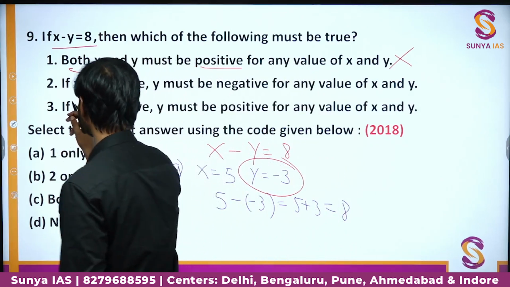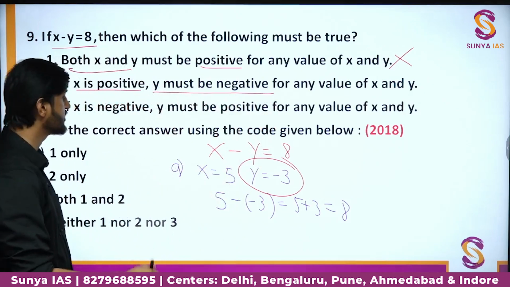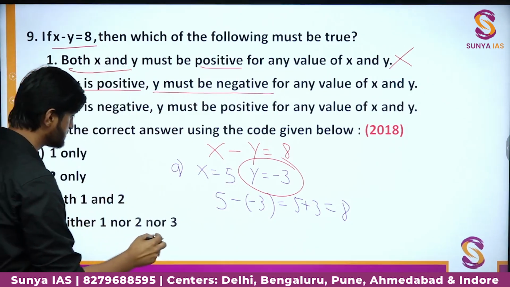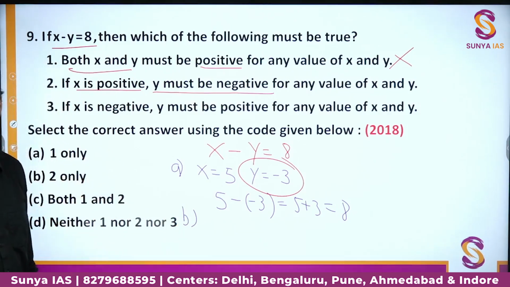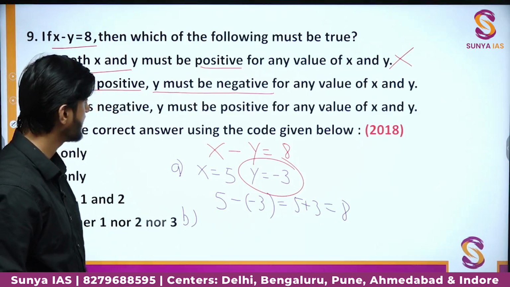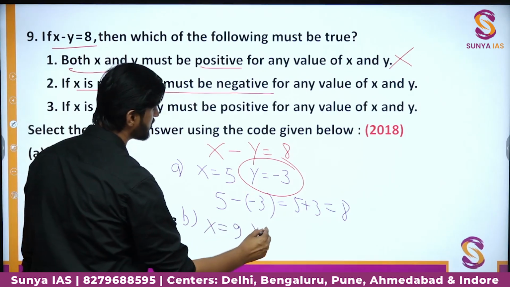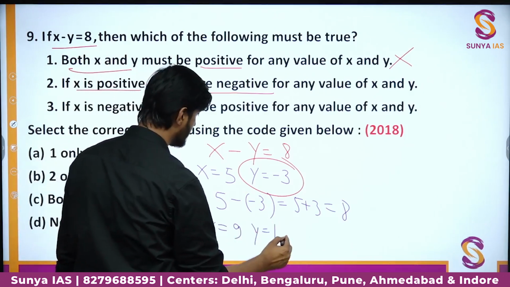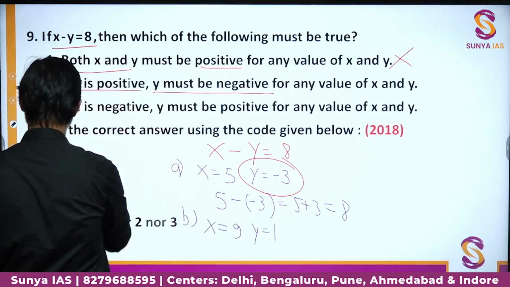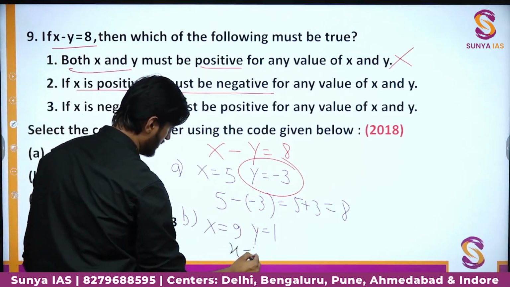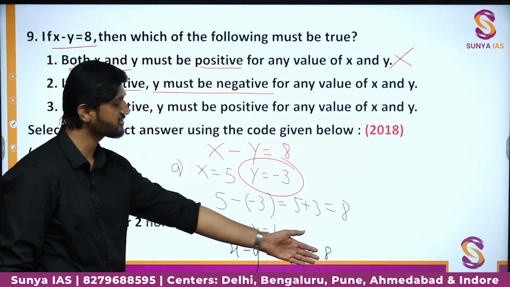The next statement says, if x is positive, y must be negative. It is saying now that if you take any positive value of x, y must be negative. It is not necessarily true. If you take the value of x as 9 and take the positive value of y as 1, you ultimately get x minus y, which is nothing but 9 minus 1, and it comes out to be 8, again satisfying the condition.